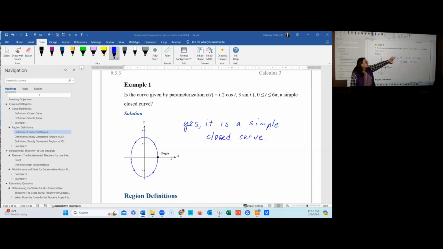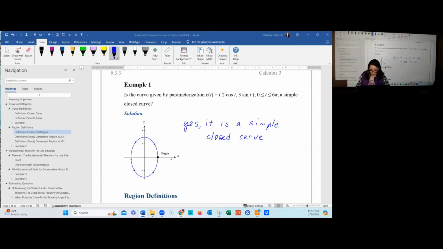So the fact that this parameterization isn't 1-to-1 does not mean that there doesn't exist one that produces the same curve that is 1-to-1. It's the same parameterization, but with t limited to 0 to 2 pi.